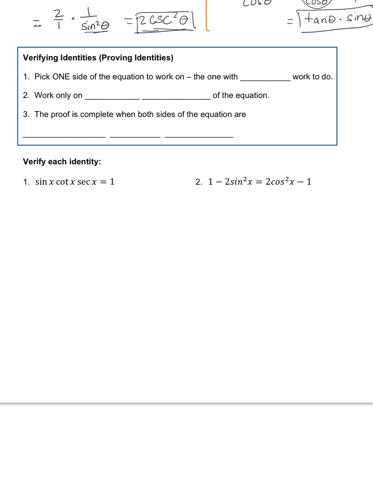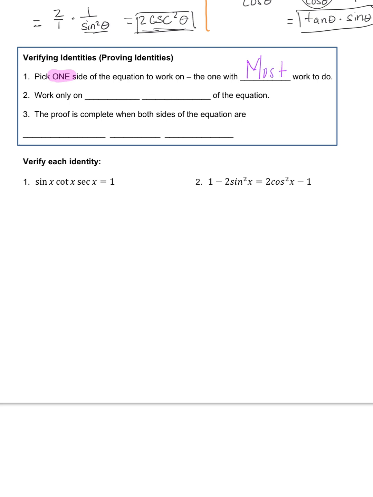Okay, let's look at the next part that we're doing: verifying identities. So this is the proving part of the identities. What you want to do is pick one side of the equation. It's okay if you pick left or right, depending on what you need to do the work on. The second part of this is, pick the side of the equation with the most work.